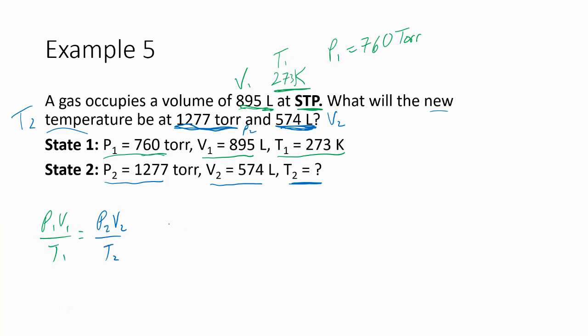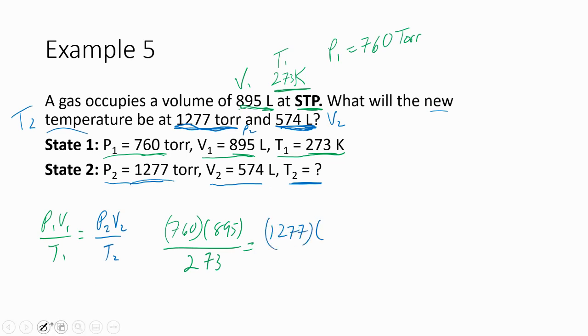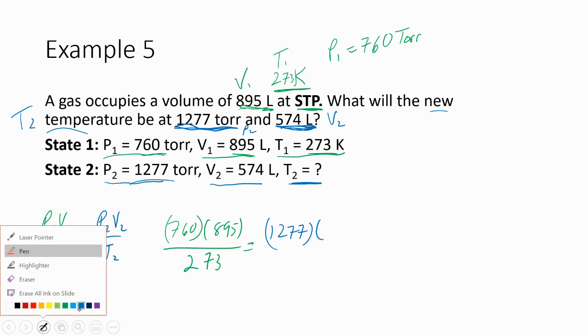So our P1 is 760. Our V1 is 895. Our T1 is 273. And that's going to equal our P2, 1277. Our V2 is 574.